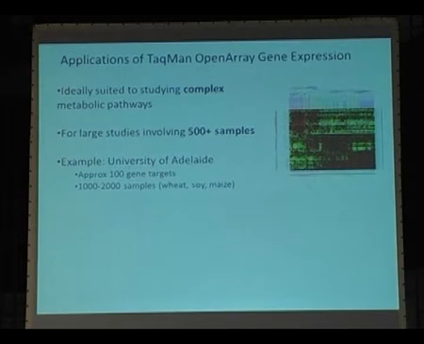So as I say, TaqMan Open Array gene expression is ideal for pathway analysis, typically for large studies where you're looking at hundreds of samples simultaneously. And just to give you a quick example, only last week I was in Adelaide in Australia meeting with a new QuantStudio customer who's recently purchased this platform specifically for pathway analysis in plants.